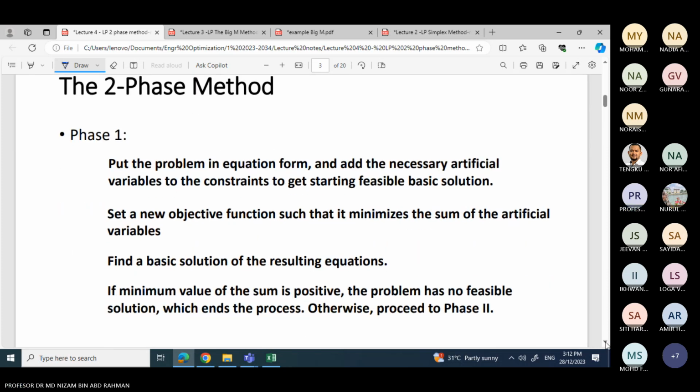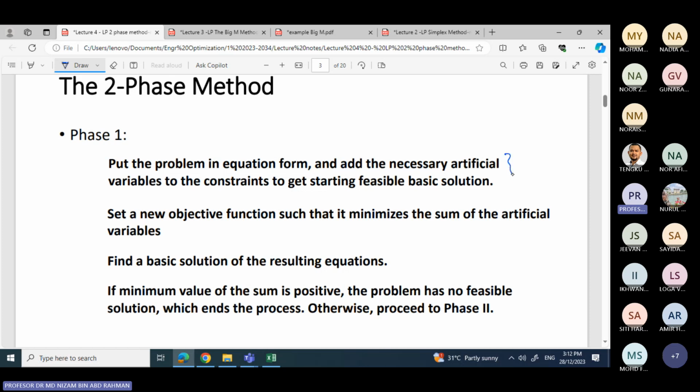Okay, phase one. So what do we do in phase one? This is the phase where we try to define the basic starting solution. In phase one, you put the problem in equation form and add the necessary artificial variables to the constraints to get a starting basic feasible solution.